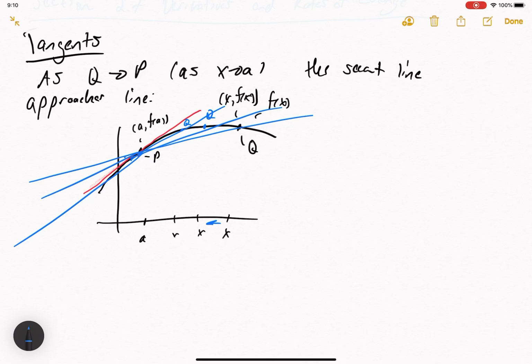Basically, now that we have the notions of limits and continuity, we can use this information to find the slope.